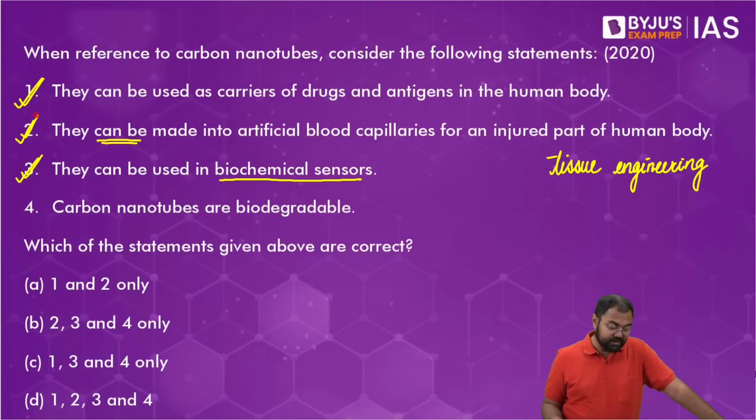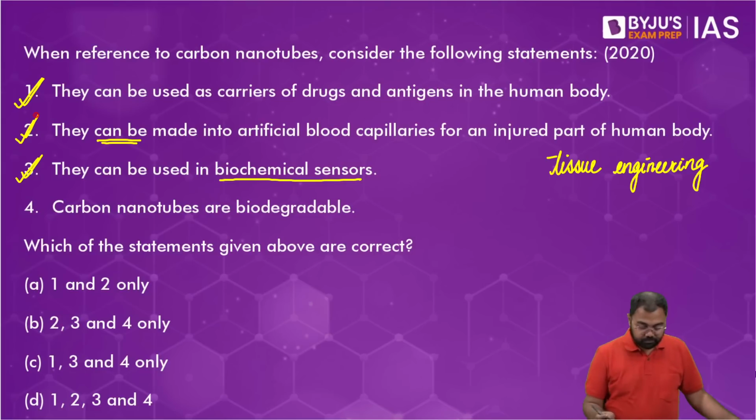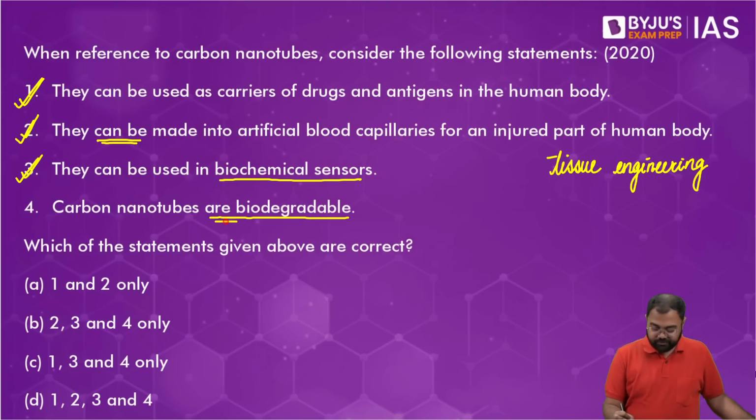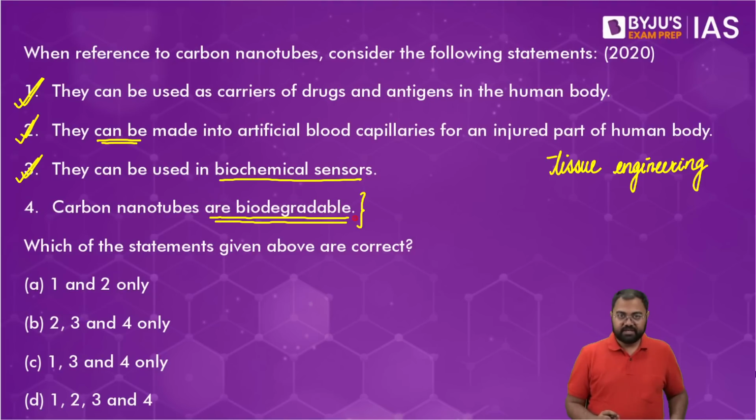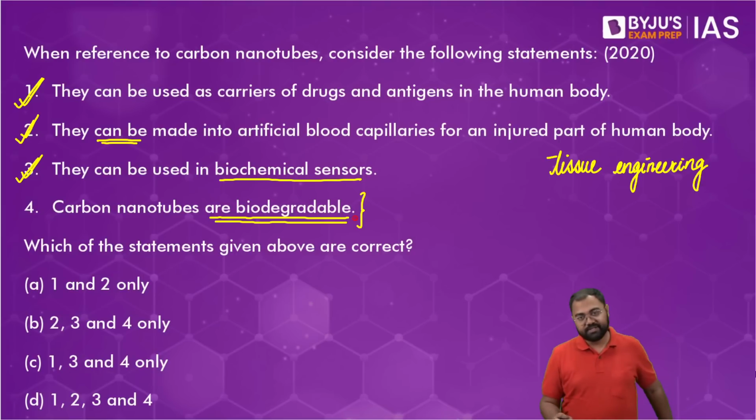The fourth statement says carbon nanotubes are biodegradable. Now, this is where I have questions. Carbon nanotubes are very stable molecules. All right, they are extremely stable molecules. We discussed that they are very strong as well.